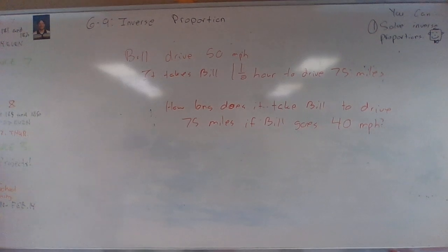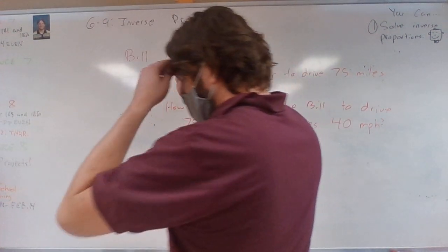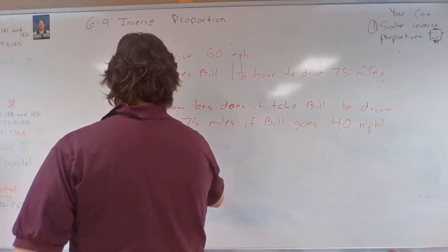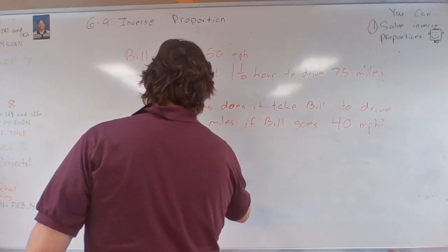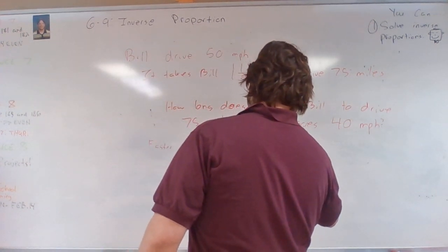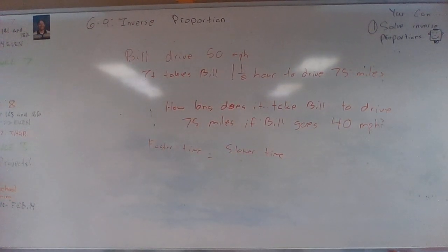So, how would I set this up? Alright. So, I'm going to say faster time over here, and on this side, I'll go with slower time. Which is good, because we know those two numbers got to be on different sides of the proportion, right? Faster time over here, slower time over here.